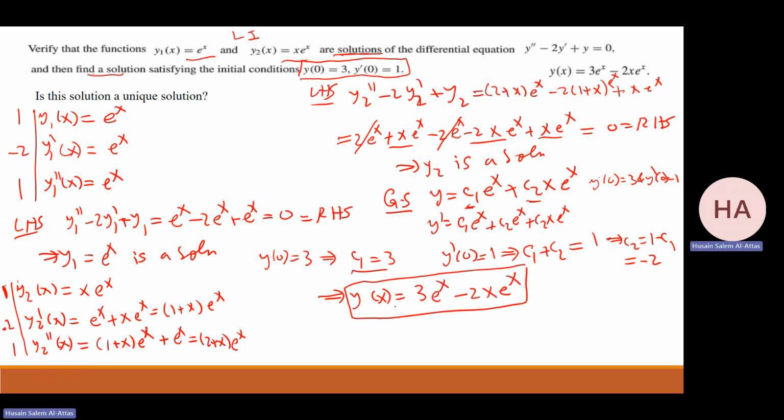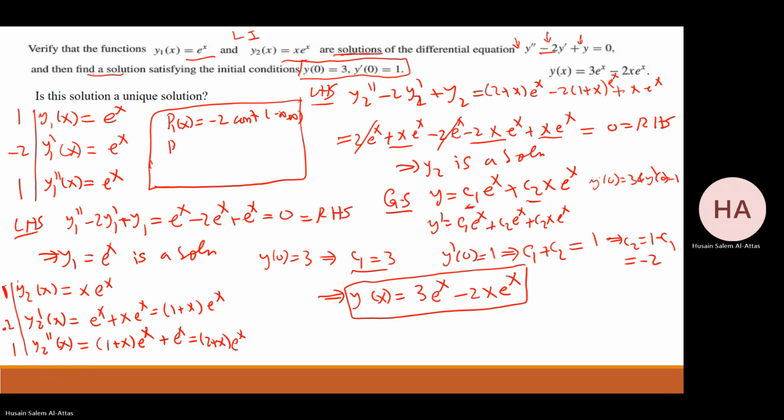Is it a unique solution? Yes, it's a unique solution. Why? Because the coefficient of y double prime is 1, this is minus 2, this is 1. This is just to show it is continuous. P1 of x is minus 2, continuous everywhere.